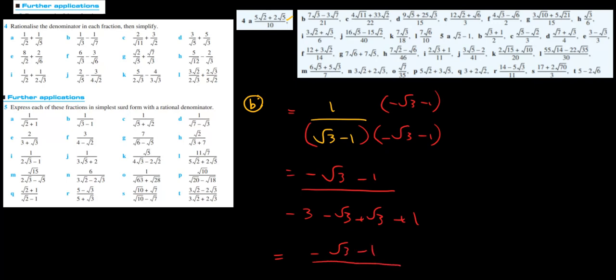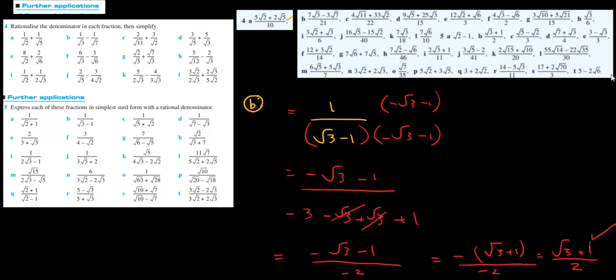That goes, negative 2, and we're left with this. Which is the same as root 3 plus 1 all over 2. I'm going to do my self-assessment. We've got 5b. Okay, so that's right.